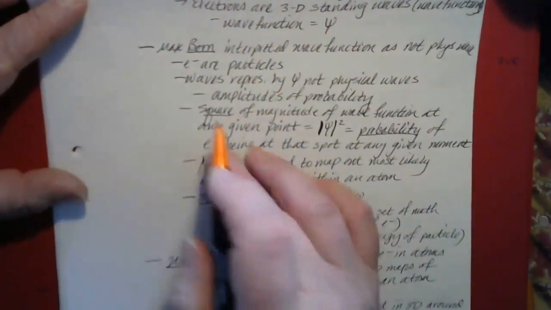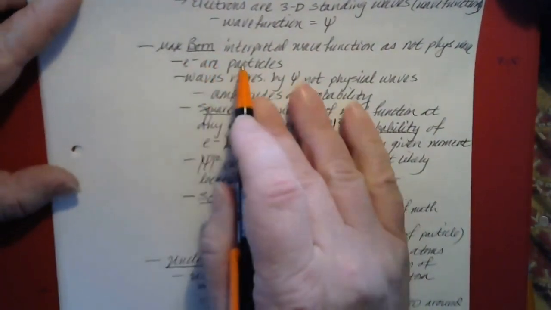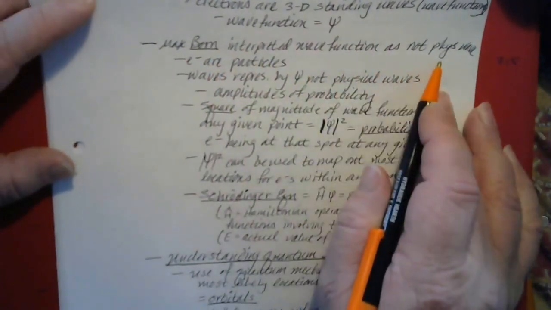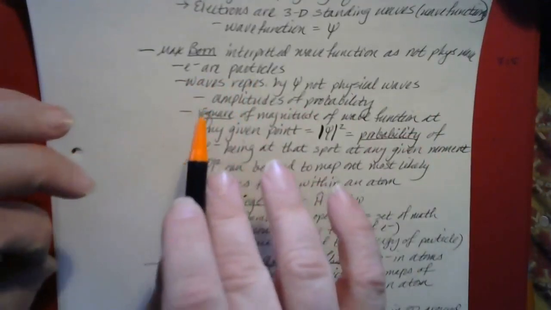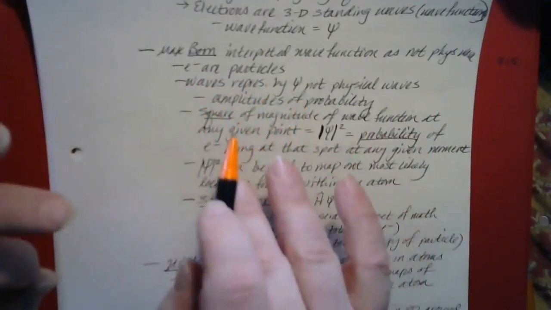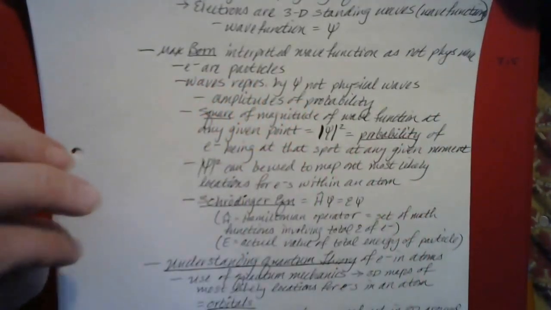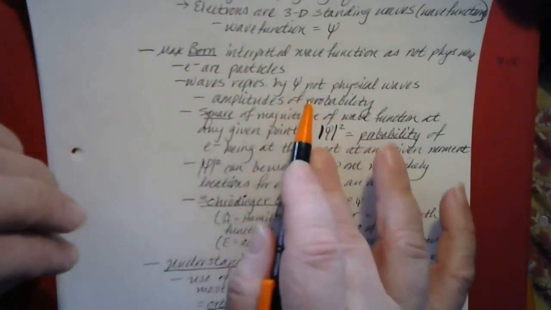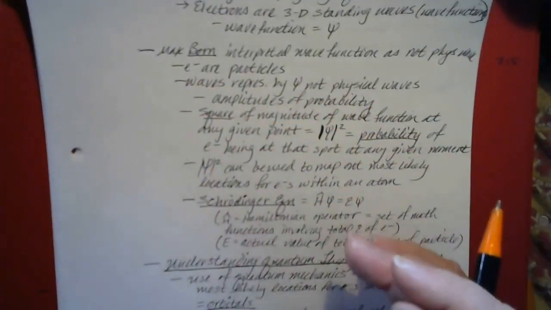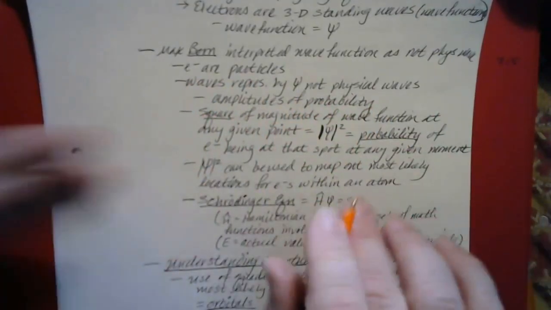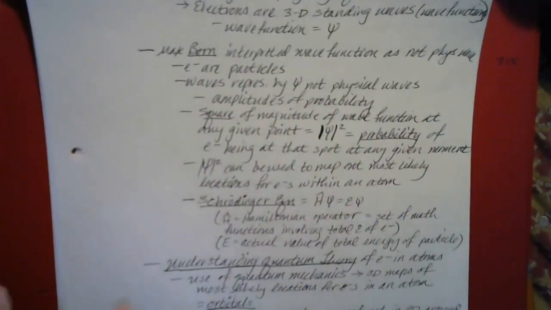Another physicist by the name of Max Born interpreted the wave function as being not a physical wave, okay? Even though electrons are particles, the type of wave that he was thinking of is represented by psi, but it's not a physical wave. What it really does is psi, that is the wave function, represents the magnitude of probability.